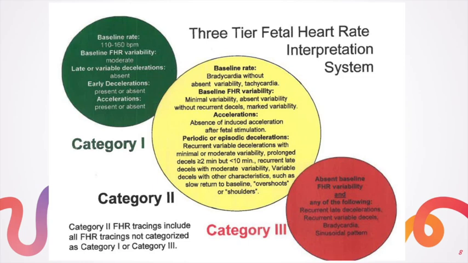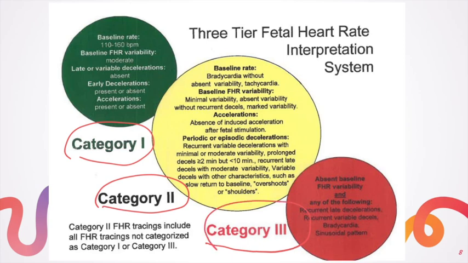So nowadays, we categorize fetal heart rate tracings this way: Category 1, Category 2, and Category 3. I'm going to teach you how to do this the way that I was taught when it came out. So let's talk about everything that's in a Category 1 tracing. That's this green circle here.